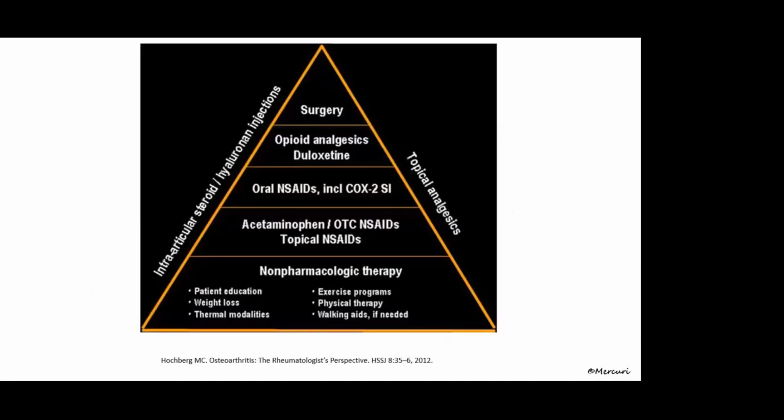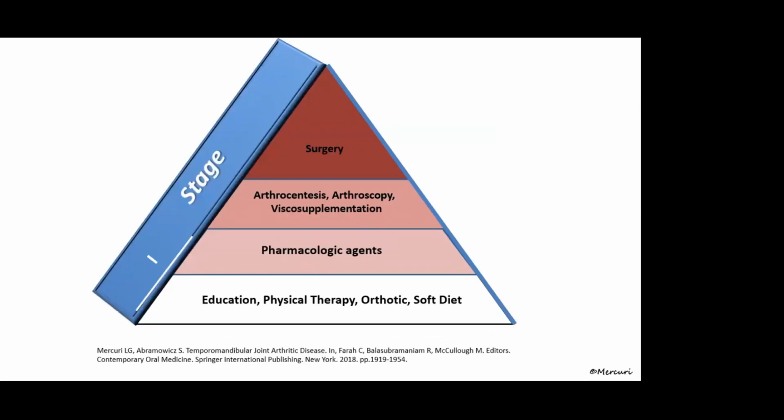So let's look using our classification system. Well, Hochberg developed a triangle of management for rheumatoid disease. And you start out with the simplest and you move to the most complex, which is the way we manage most things in our field. Well, Shelley and I decided, let's build our own triangle based on Hochberg's work in the management of temporomandibular joint osteoarthritis.